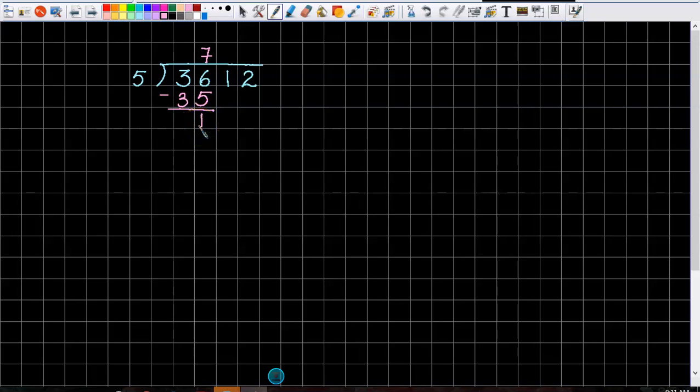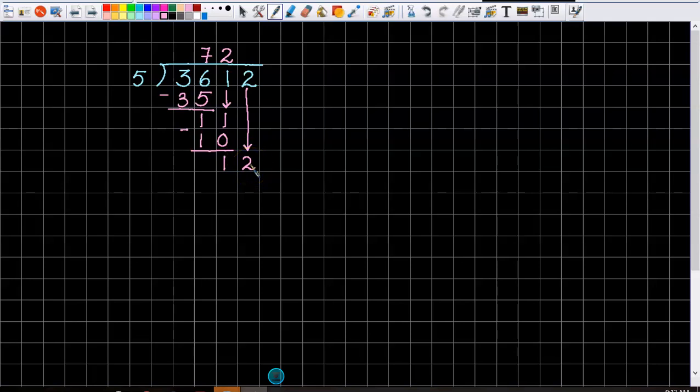And this is the fun bit. You then carry down. That's right, you bring down that 1. And now you ask yourself, does 5 go into 11? Oh, it can go in 2 times. And so we multiply. So you multiply 2 by 5 and you get 10 and you subtract. 11 take 10 is 1, and then bring down the 2.